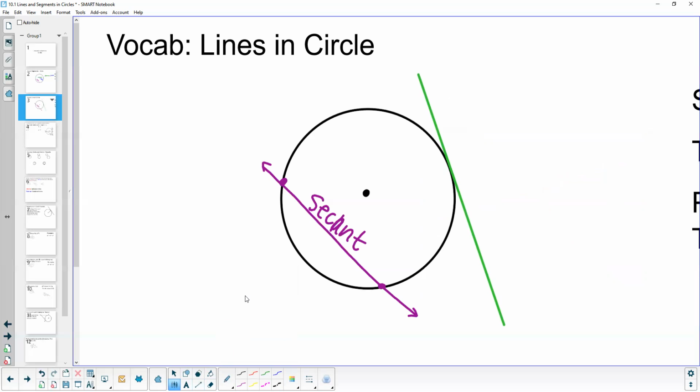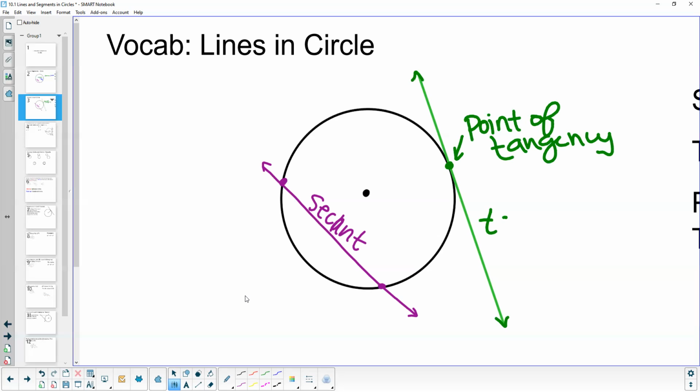And that location where it touches it, right here, is called the point of tangency. That point of tangency just means that's the point where it touches our circle. And this here is our tangent line. A tangent just touches at one place.